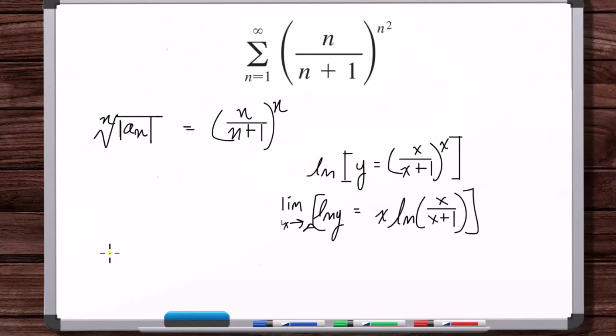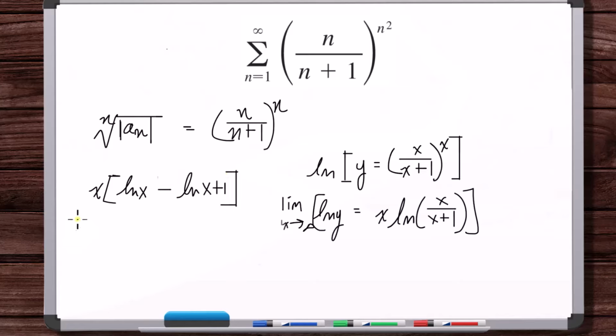So let's focus on the limit as x approaches infinity of natural log of y. We've got x times natural log of x minus natural log of x plus 1.